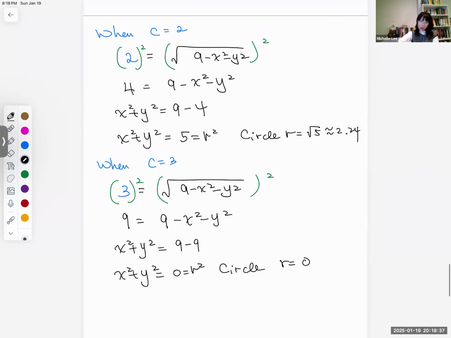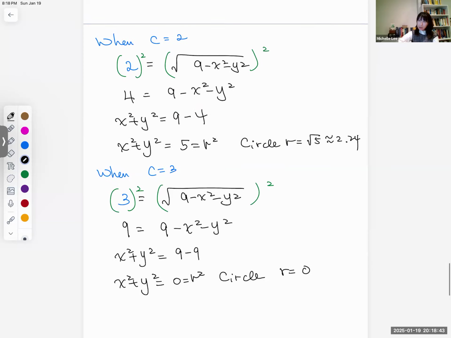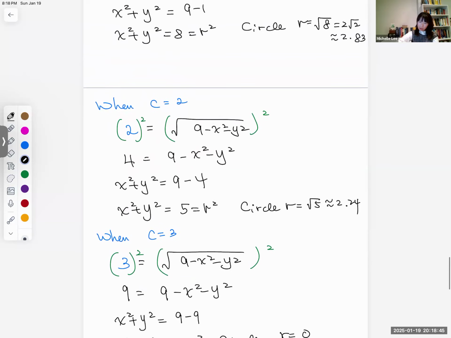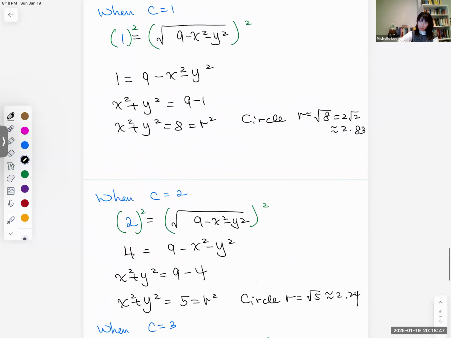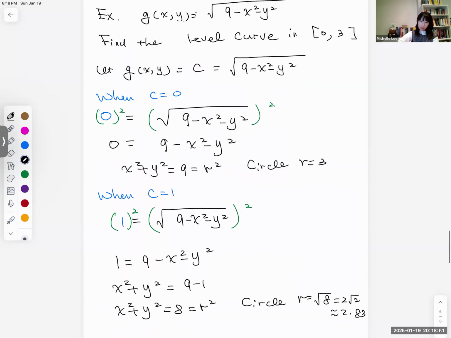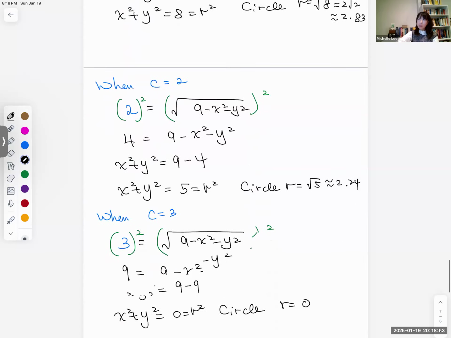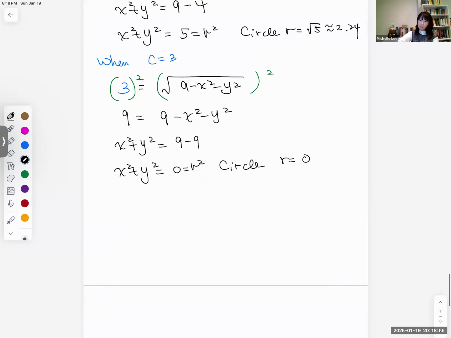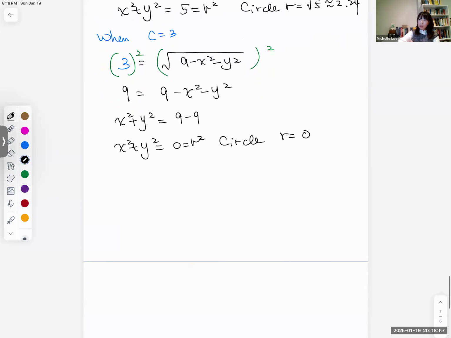Okay, how do we draw? Let's see. R equal to 0, 2.24, 2.83, and R equal to 3. Let's draw that. So let's see.